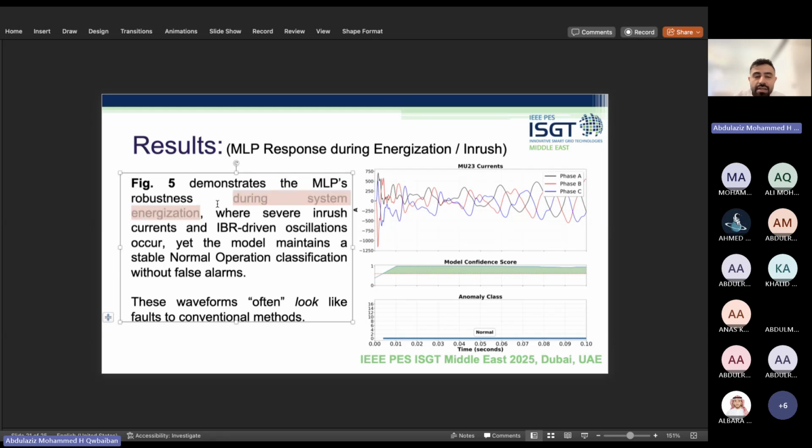We have an inrush current, we have IBR-driven isolation, and the model maintains normal. There is no classification because this is part of the normal process. When you connect PV, there is a disturbance. That's normal. During energization, you don't want to classify it as a bad thing.